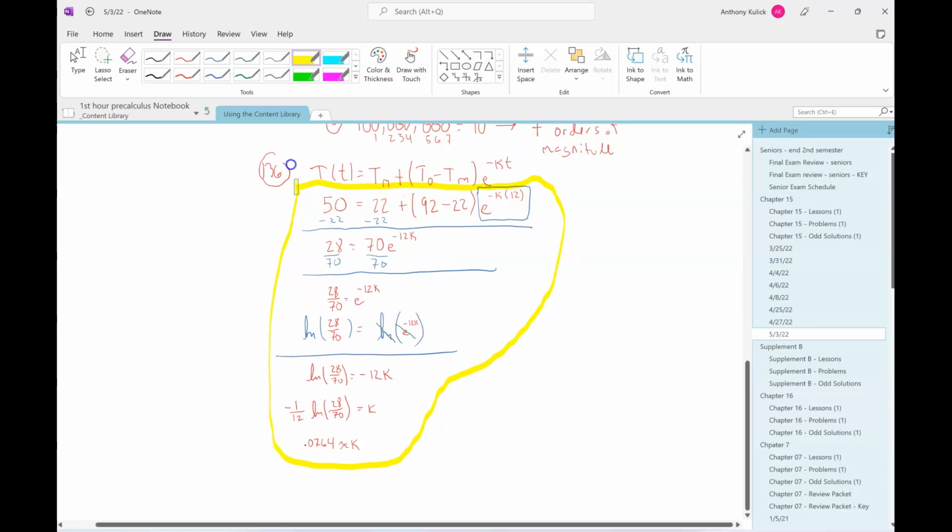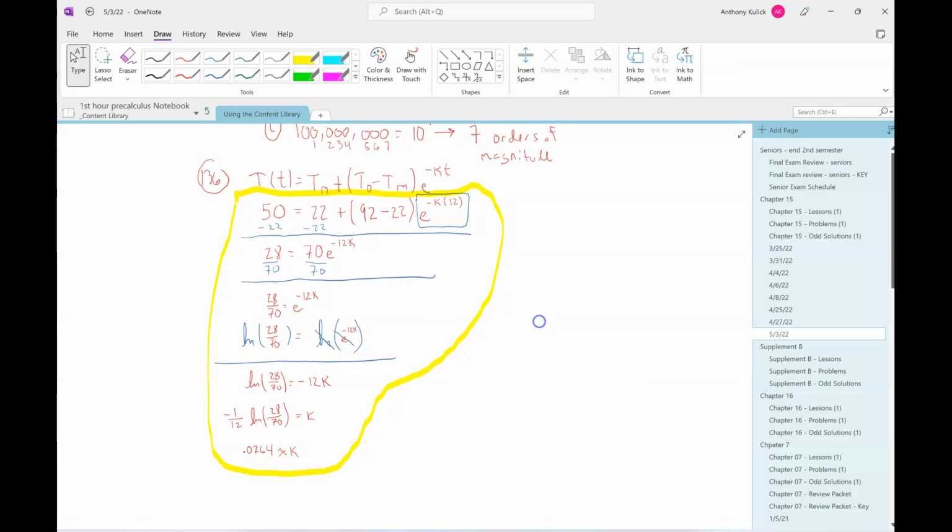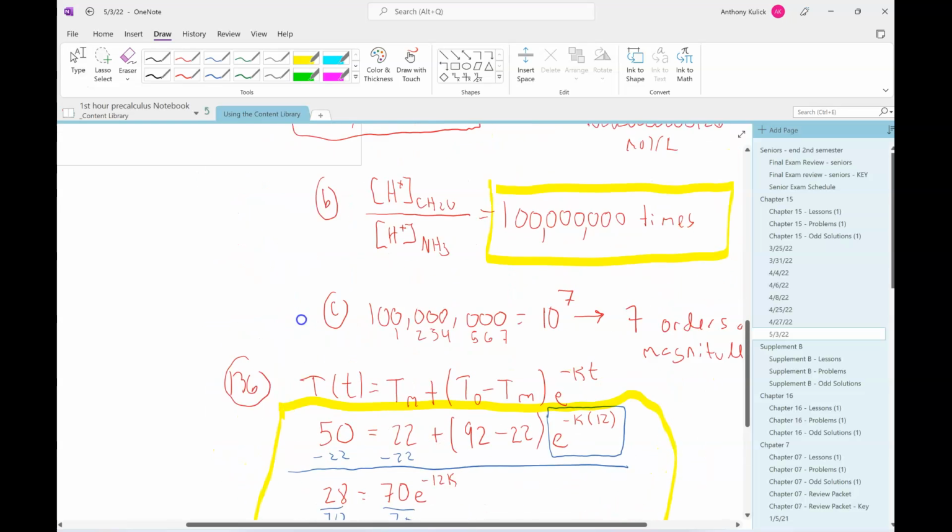So this is like the yellow part that we identified in the problem. Now let's do the green part.